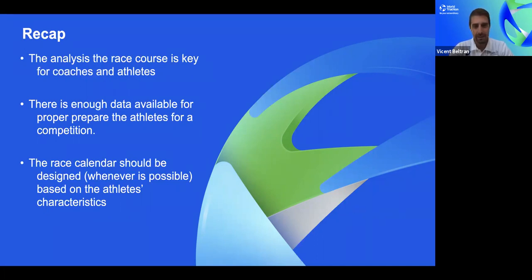So we went through different tools and resources available that show us a lot of valuable data that some years ago was not available. And I do believe nowadays we have too much data.